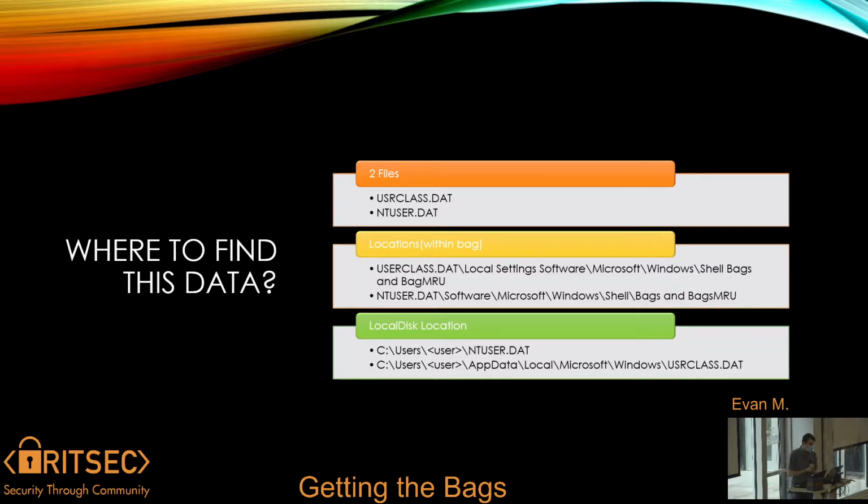Once you parse through the bags, whether with regedit or a couple of tools I'll show you, you'll then just go down to these particular registry keys from within each specific .dat file, and you'll be able to get an idea of the user structure. From what I found, the userclass.dat file contains the most information used in this type of forensics work.